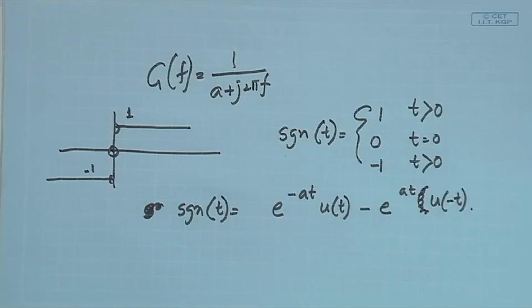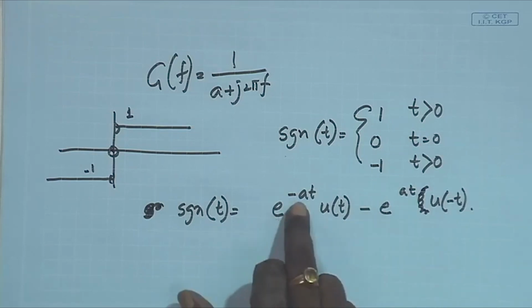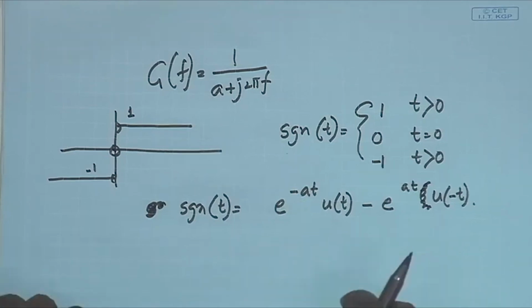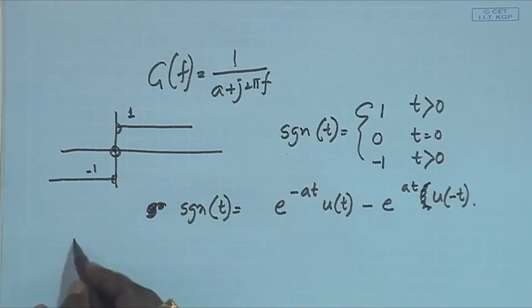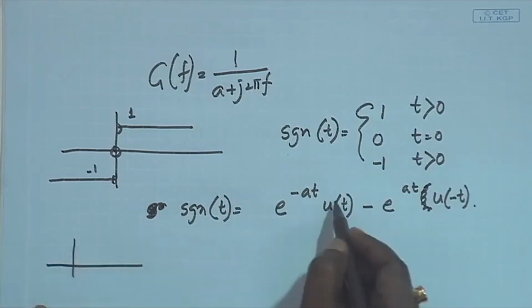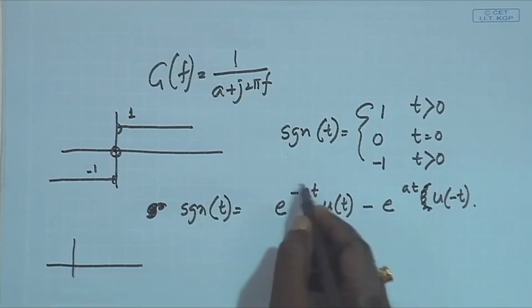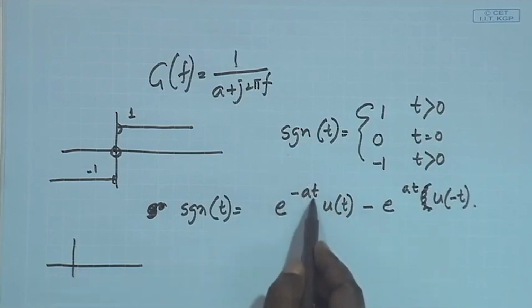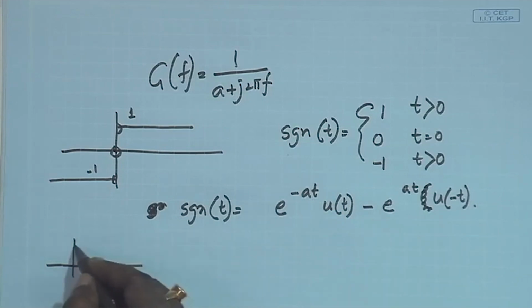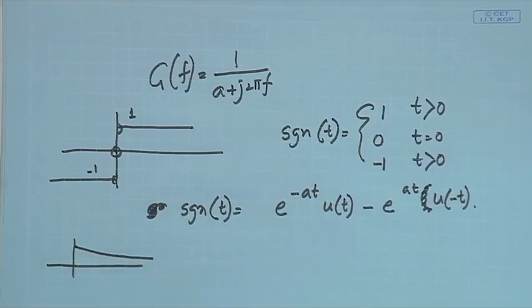If you see what is happening, it is actually a combination of these two. First is e to the power minus a t u t. What does that mean? E to the power minus a t u t looks like this. u t means it is defined only in the positive half, and e to the power minus a t means at t equal to 0 it is 1, and from there it is exponentially decaying.